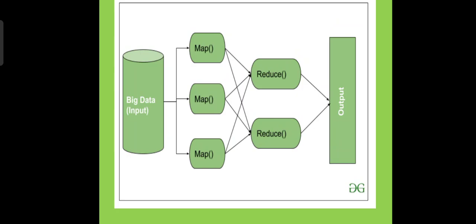The map function breaks large data into small parts, and the reduce function further reduces it, and finally we get the output. That's what we see in the diagram: three map functions are processing the smaller data, and further we get the output.